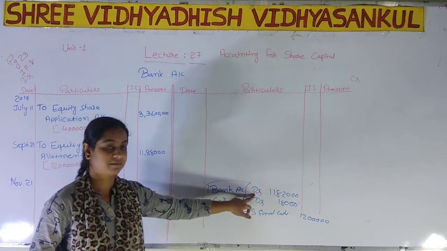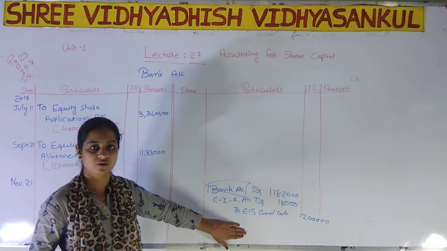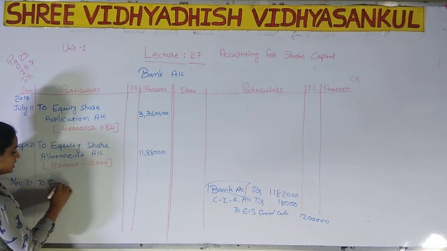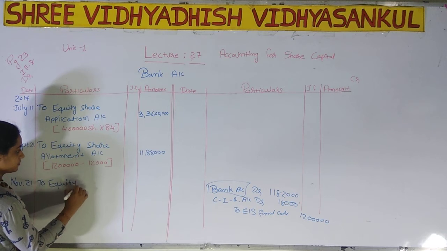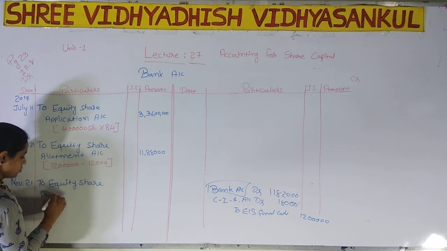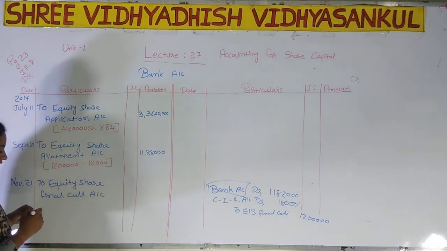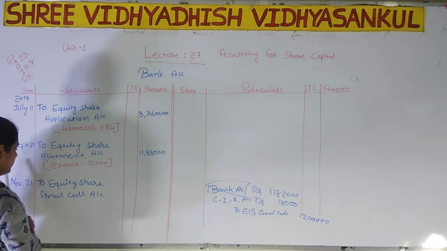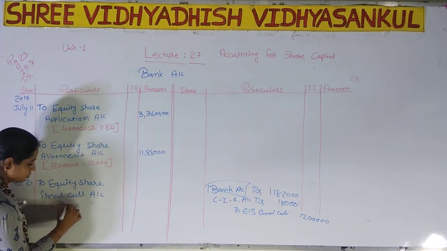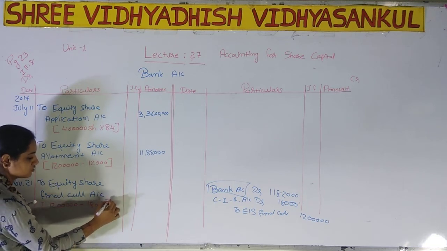Here bank account is debit. So in bank account on debit side we have to write the name of credit. So here we have to write to equity share final call account, and the amount will be total we have demanded on final call 12 lakh rupees. Out of that we have not received 18,000 rupees.